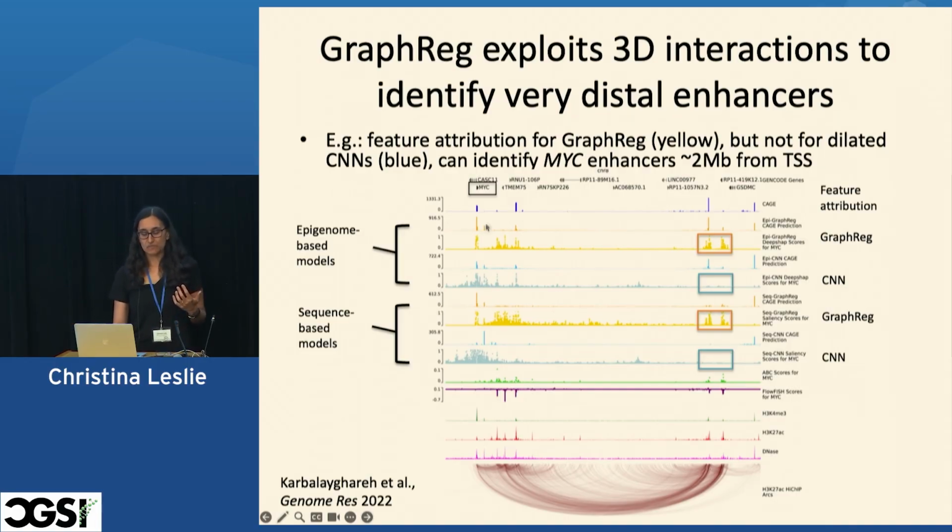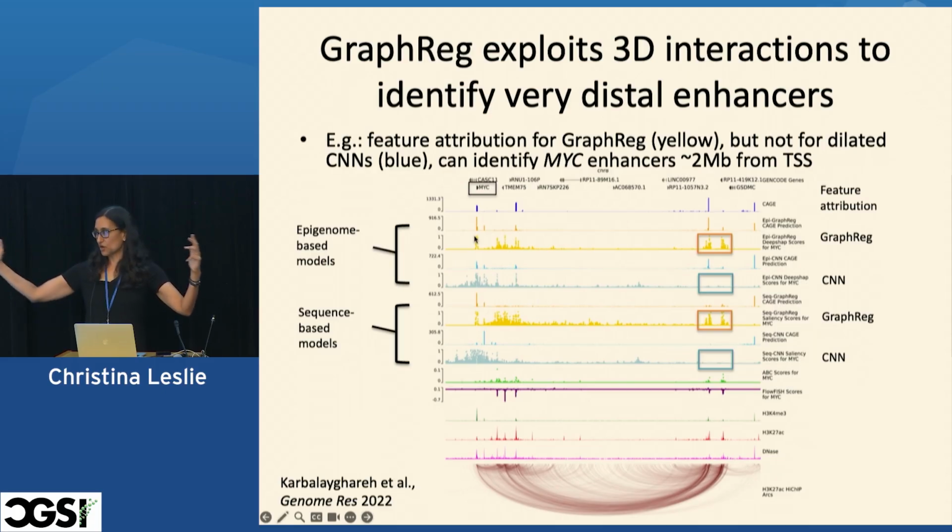I'm showing the prediction, but the important track is actually the feature attribution. We're trying to explain the expression of MYC, and show what regions in the genomic context the models think are important for predicting MYC expression. And what you can see is GraphReg, because we have access to this 3D information, can figure out that these enhancers are important 2 megabases away.